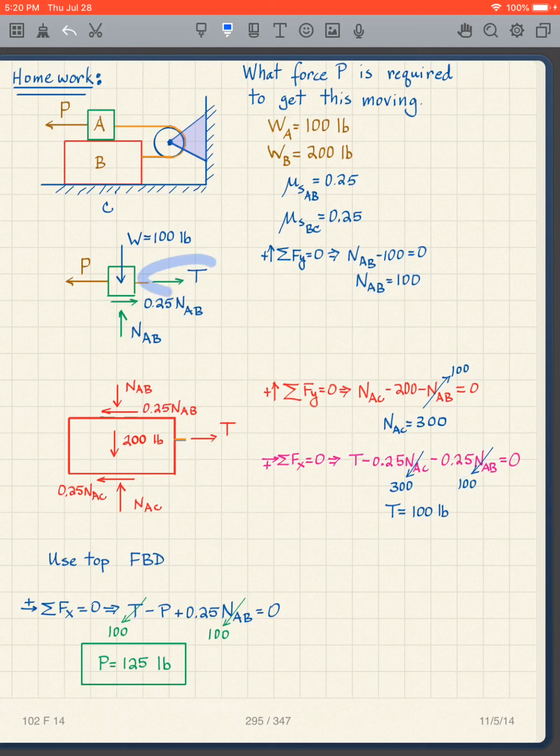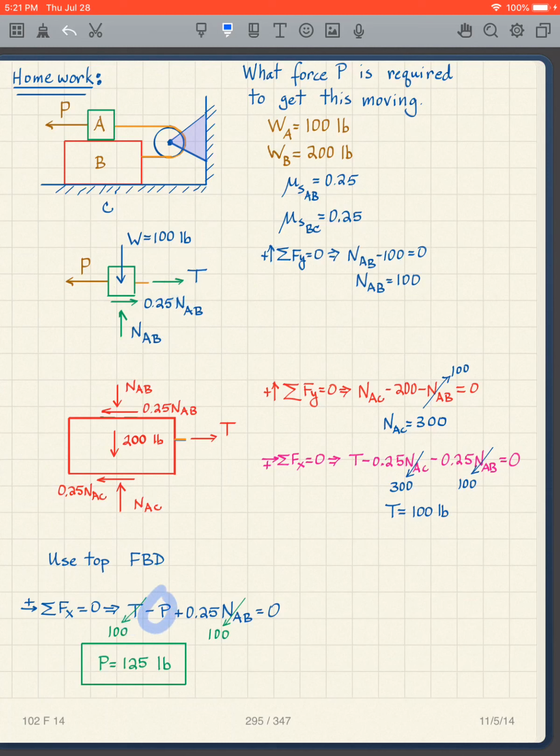I now know the T, so I can go back and use the top free body diagram. If I look at this, I have this, this, and this in the x direction. Three terms, 1, 2, 3. And that gives me T in the positive.